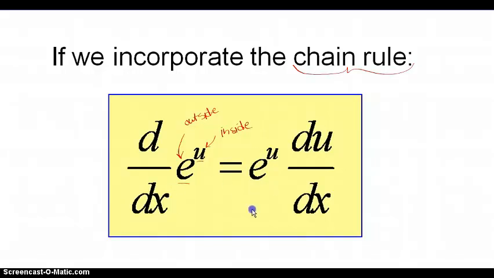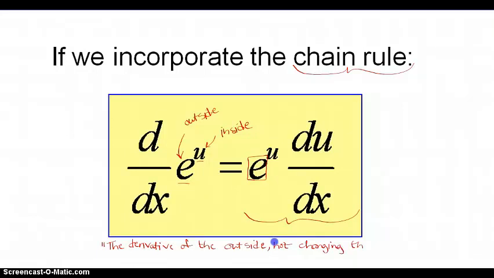So when we verbalize the derivative of e to the u, we can use the same verbalization we always have. It is the derivative of the outside, and that's e. So there's the derivative of the outside, not changing the inside.